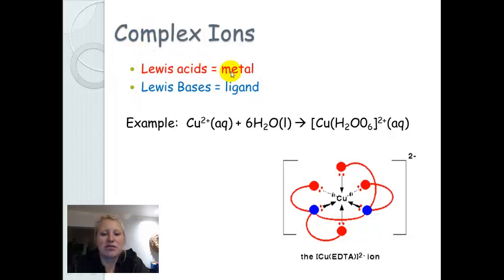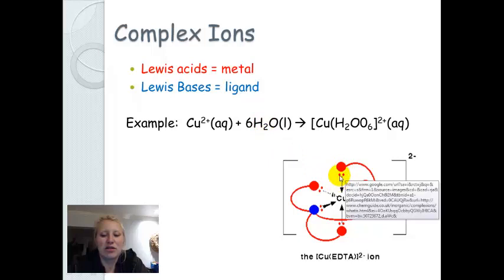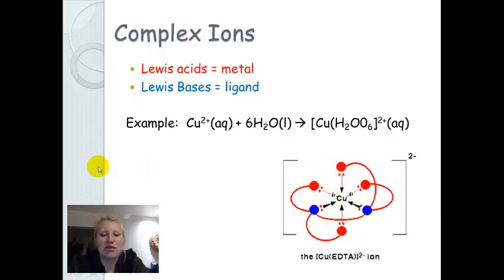The Lewis acids were always the metals, like copper, and the Lewis bases were the ligands, like water. So here, remember, you have copper, and the waters coordinate to it because the water has extra lone pairs on the oxygen that it can donate to the copper to fill those d subshells. And so here, the copper is the acid because it's accepting electron pairs, and the water is the base because it's donating electron pairs.